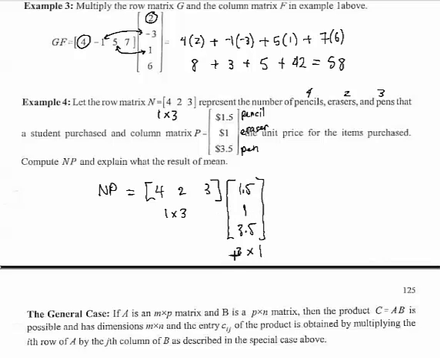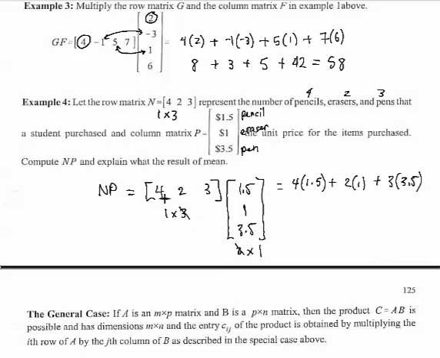That has to be true in order to be able to carry out this product. So, how much does all this cost? We would multiply 4 times 1.5 and then add 2 times 1 and then add to that 3 times 3.5. We have to match the columns and the rows, and those match, so we're done with those.